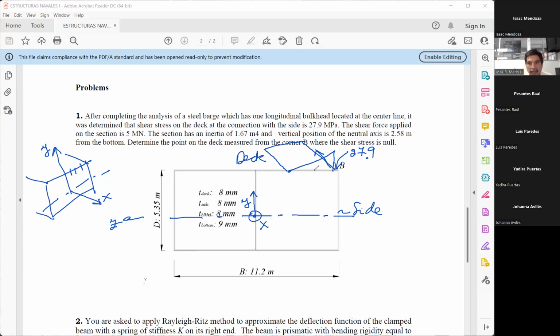Now on this side, I have a force in the X direction and another force in the X direction like this. That's the situation. So this is the sector that I'm considering.